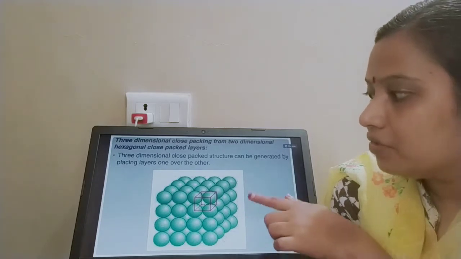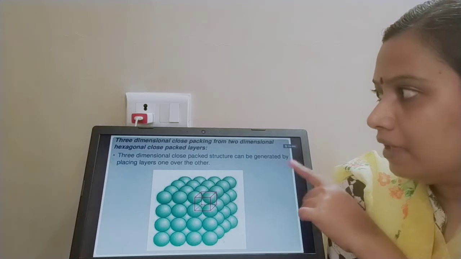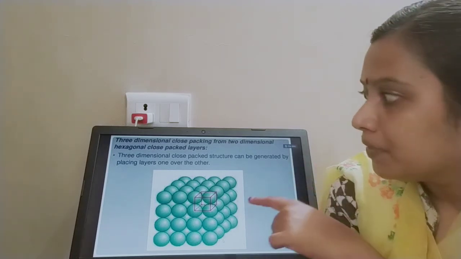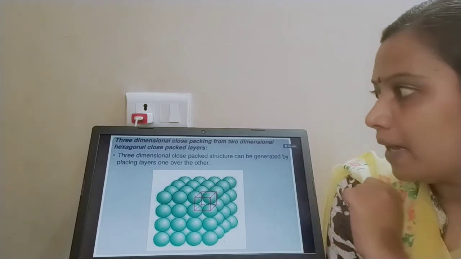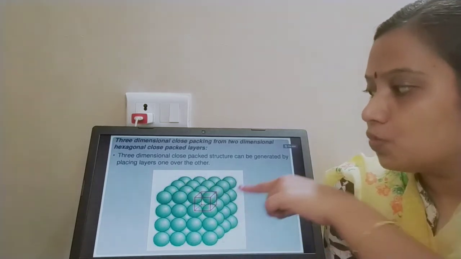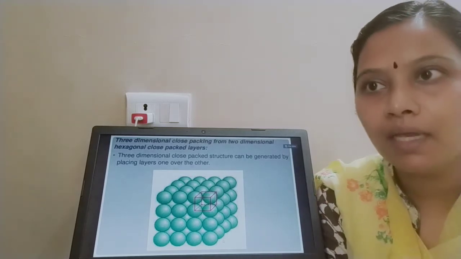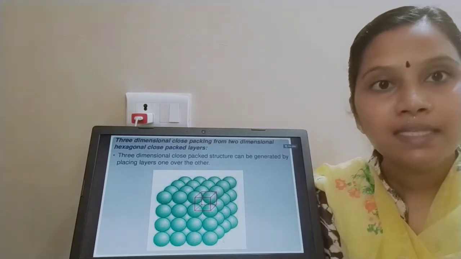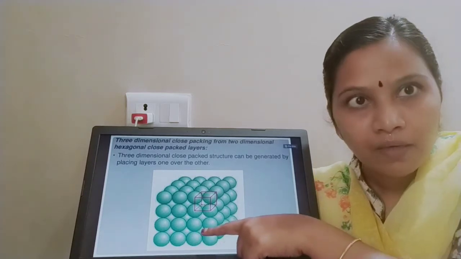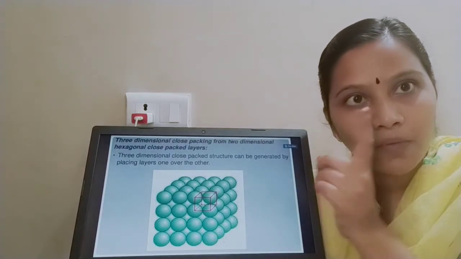See, this is the 3-dimensional close packing from 2-dimensional hexagonal close packed layers. Now you see how the 3-dimensional close packing is generated. How will you generate this? By placing layers one over the other such that they are perfectly aligned. See, they are not occupying the depression of the first layer. In hexagonal close packing, what did I tell you?